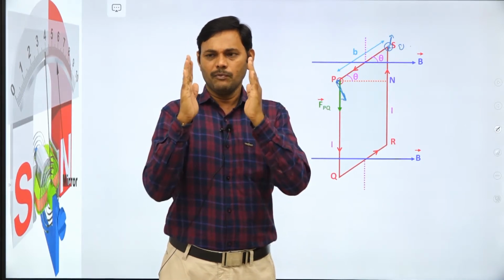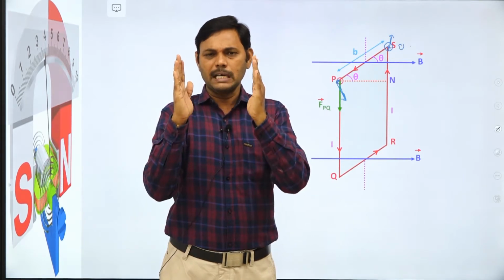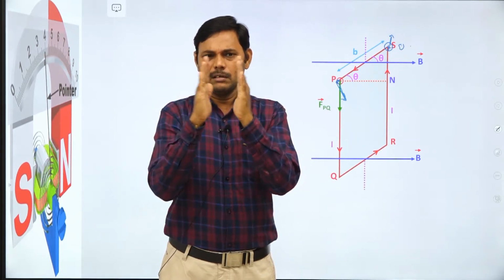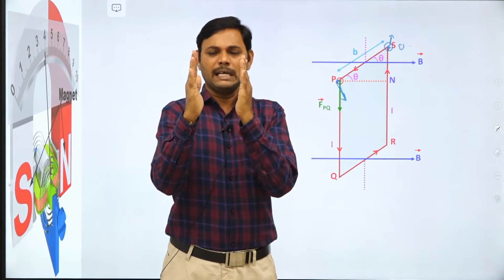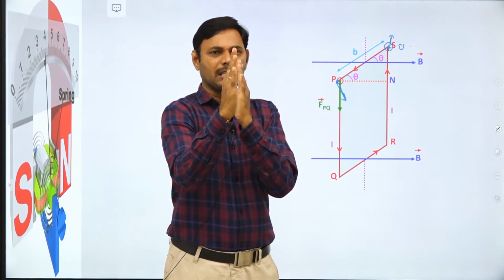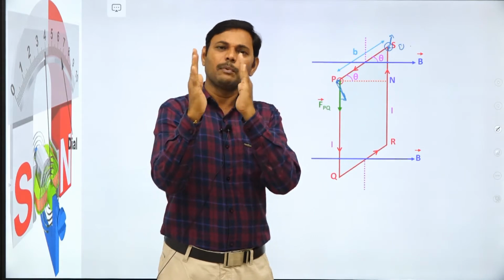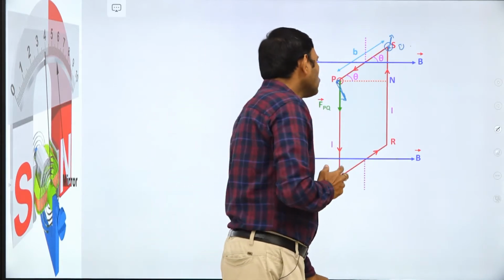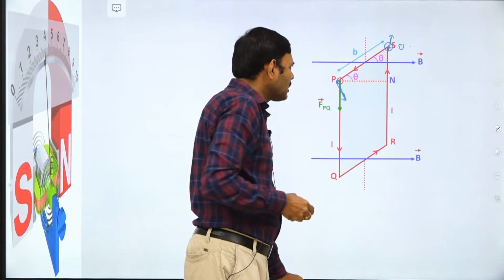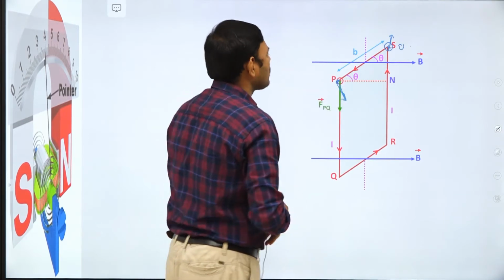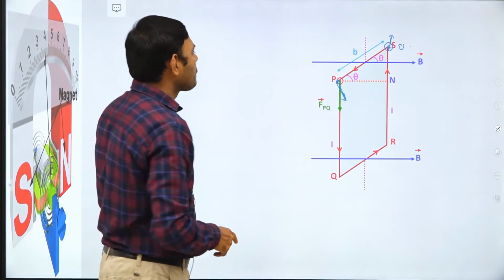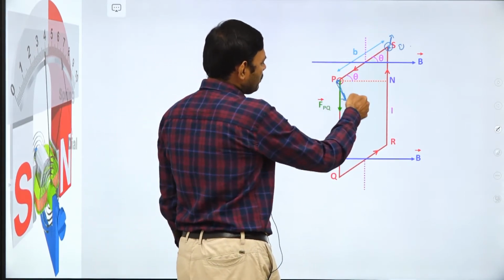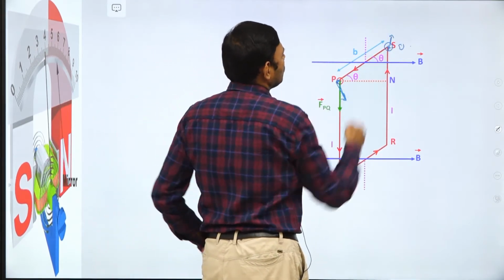Now, if you assume this is the coil, the perpendicular distance is some value. When the coil is rotating, the perpendicular distance is gradually reducing. So that perpendicular distance varies when the coil rotates about the axis of rotation. In the present situation, theta is the angle between the direction of the magnetic field and P. We indicate the out of the board value like this and the into the board value like this.